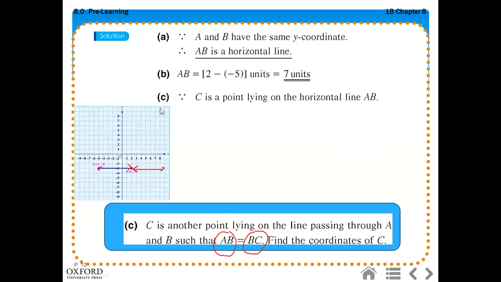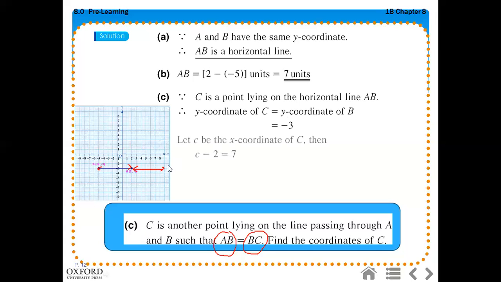So what are the coordinates of C? Then let's go to part C. Because C is a point on this line AB, the y coordinate is -3, while the x coordinate we don't know. So let it be c, a small letter c.